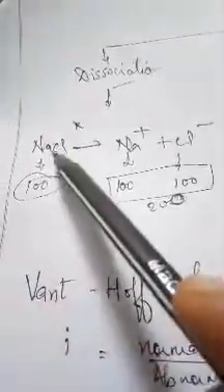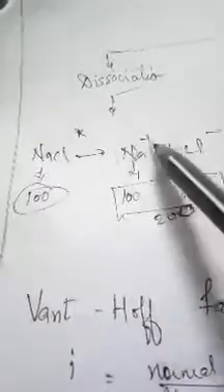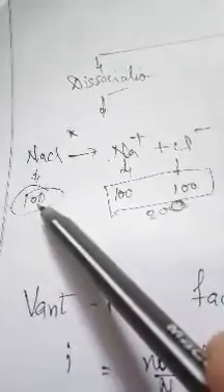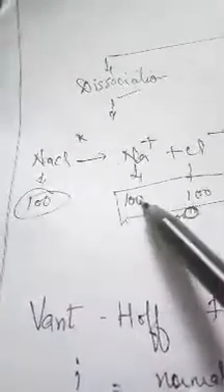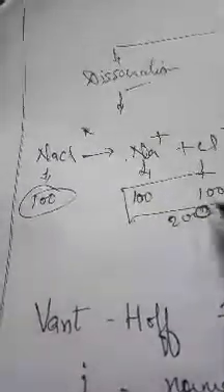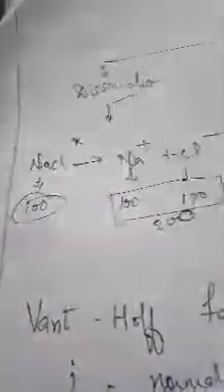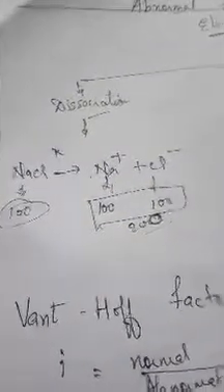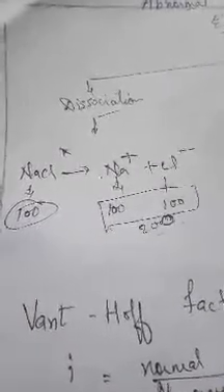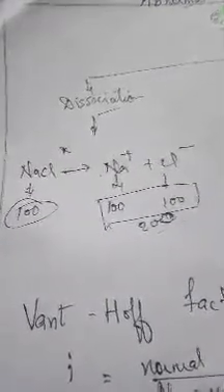Whenever one NaCl molecule breaks, we get one sodium ion and one chloride ion. Similarly, if I take 100 molecules of NaCl, we'll get 100 sodium ions and 100 chloride ions, so total ions will be 200. Therefore, if the number of particles is increasing, the values of colligative properties will also increase. So this is dissociation.